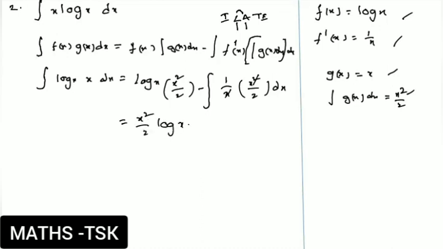Here 1 by 2 is a constant, and the integration of x dx is x square by 2 plus c. So the total value is x square log x by 2 minus x square by 4 plus c.